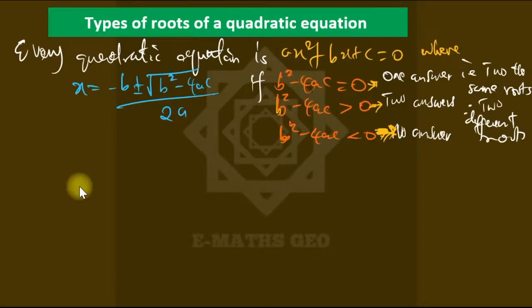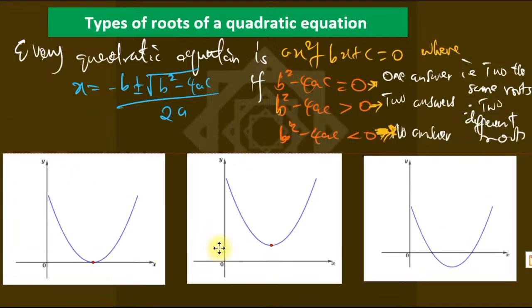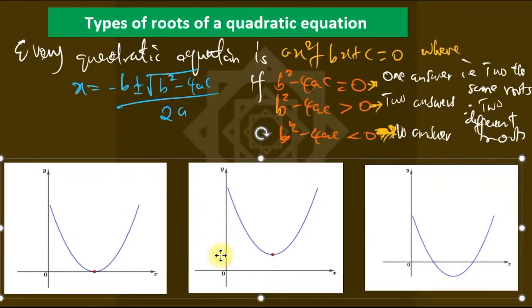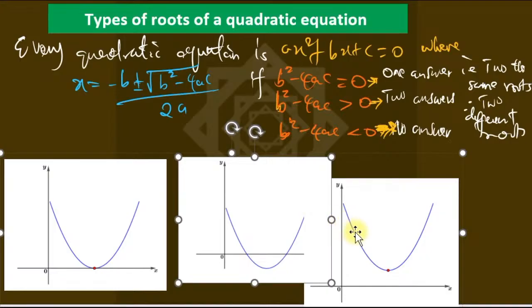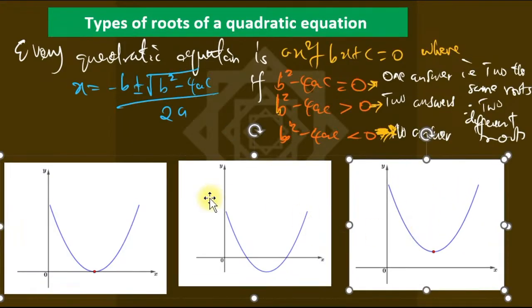So let's use a diagram so that you see. Assuming the curves are concave, we know a quadratic is either concave up or concave down.